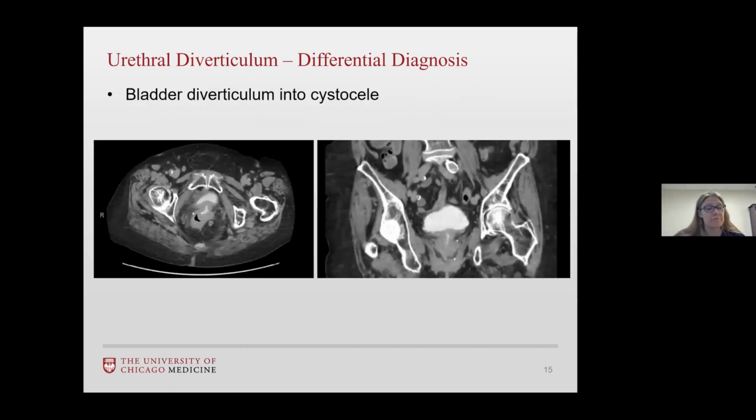Some other kind of differential diagnosis, but some other weird things I've seen. This is a woman who had a really bad cystocele, and it was a bladder diverticulum that actually went down into the cystocele. So you can see here it's right between her trigone, and then it came down into the cystocele itself. Again, you can see that dropping down. We actually did a bladder diverticulectomy via vaginal approach with the cystocele repair.